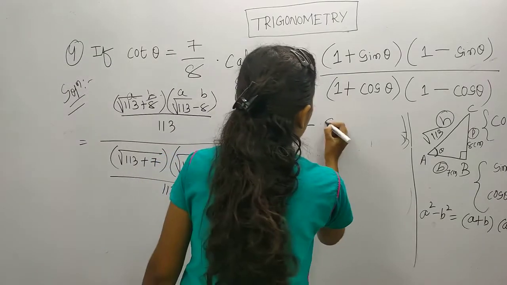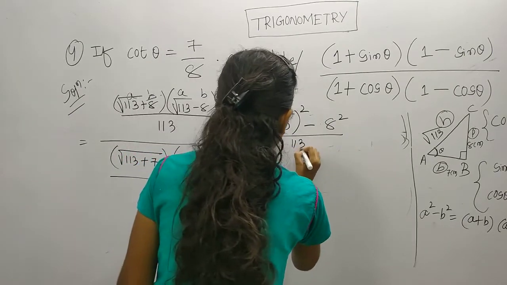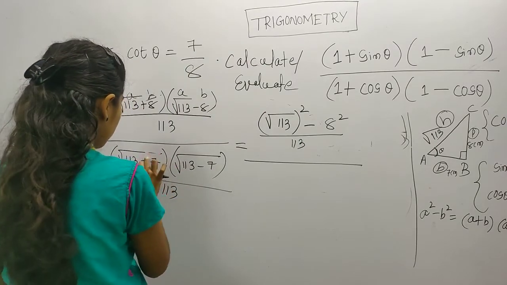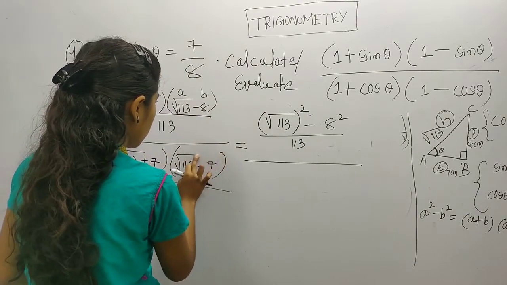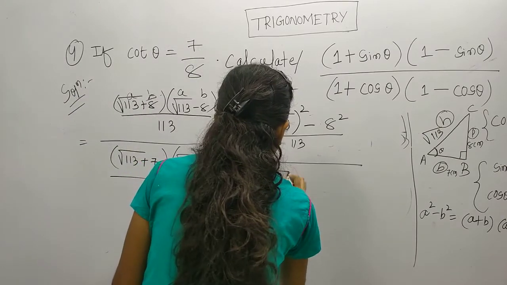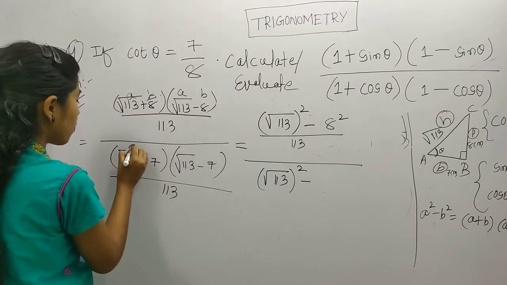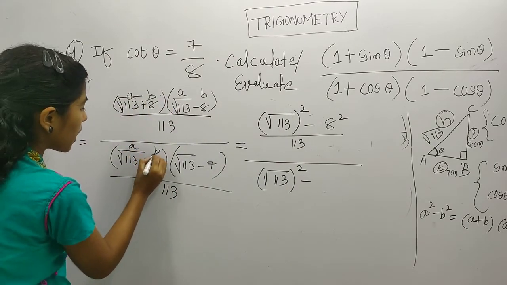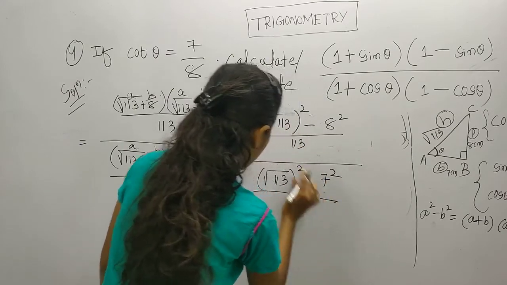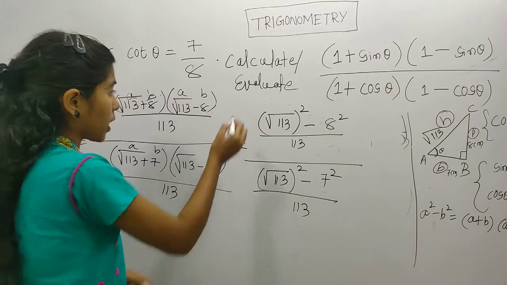So A square minus B square, divided by the same over 113. But here, in the second one, B is 7 instead of 8. So A square minus B square by 113 over.